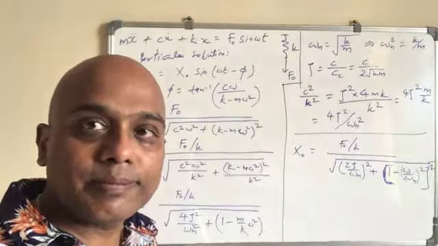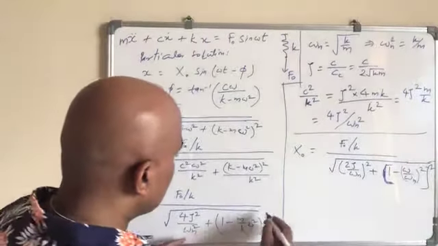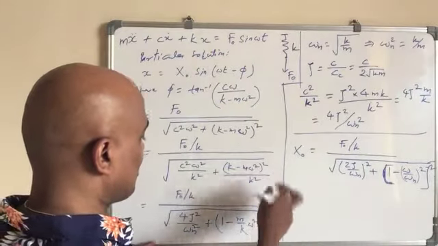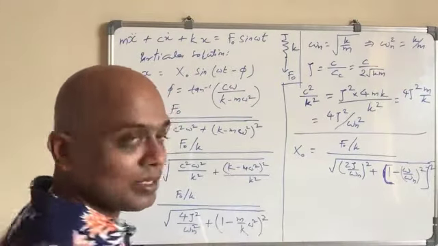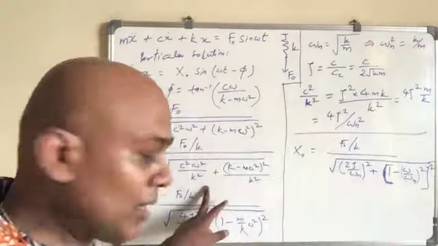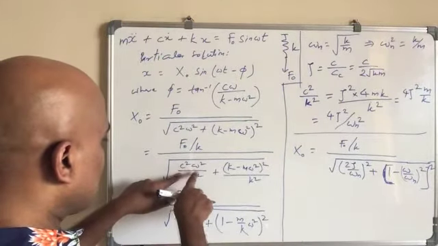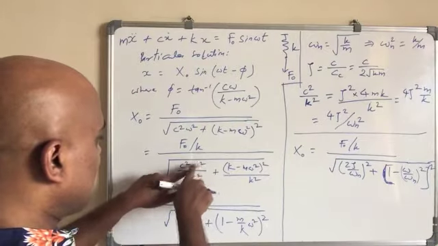Okay, so here it looks like we made a mistake. We have to write a square here. We also made a mistake here: C square over K square multiplied by omega square.